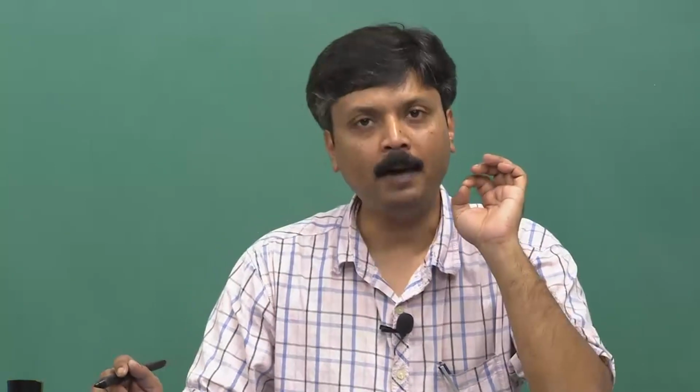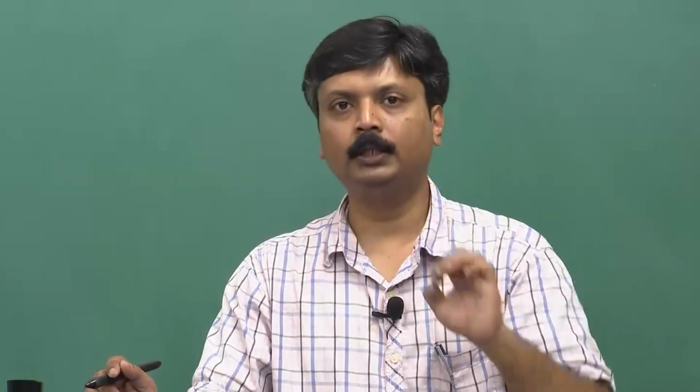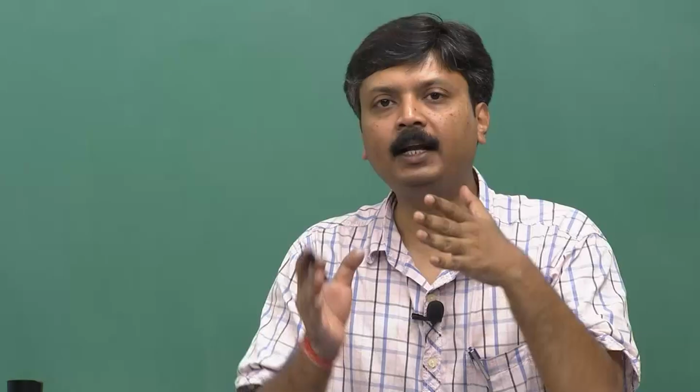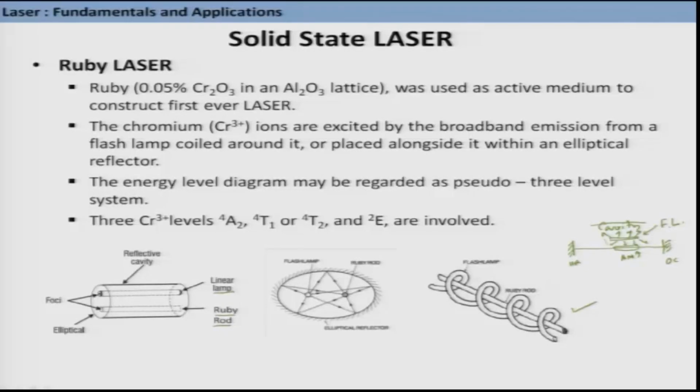In the practical world, exactly that's what is done. If you look at this picture, this ruby rod and the flash lamp, both of them are put inside a reflector chamber. You can see that there is as if a jacket around this ruby rod and the flash lamp.